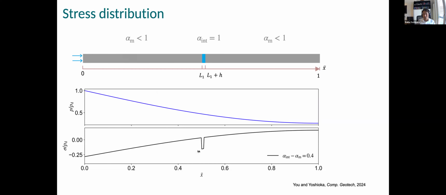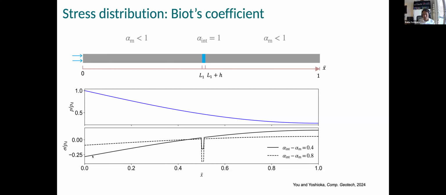Then at the weak interface, we see that there's more impact from the fluid pressure, and stress is more tensile. But here, if the fracture were to happen, we expect that the fracture should be at the injection point, okay? Because this is where the most tensile stress happens.